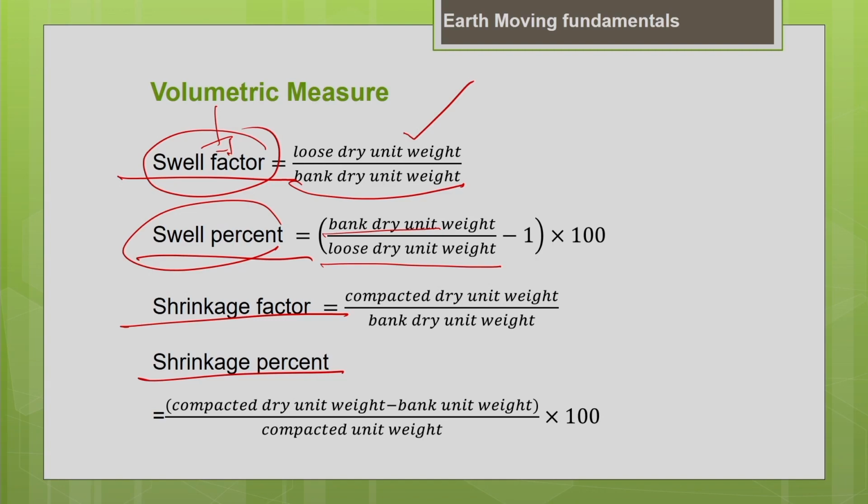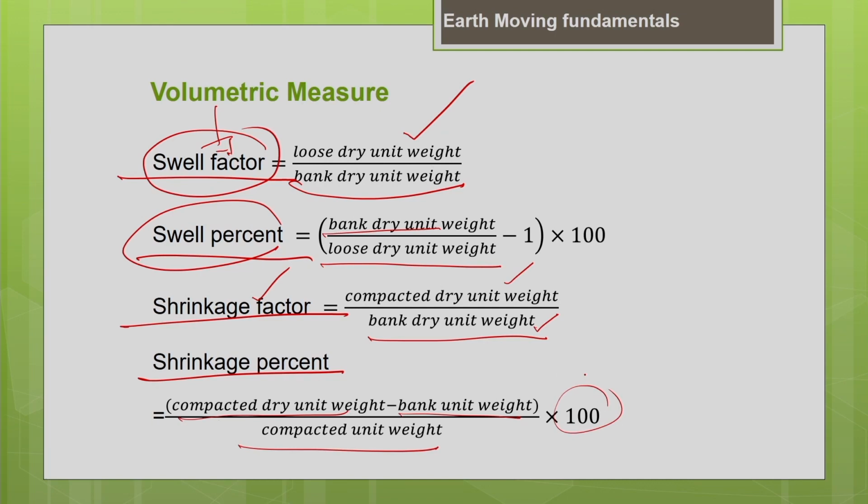Similarly, the shrinkage factor. From the bank dry unit weight, how much it has reduced in volume, that is what we are trying to find by measuring the shrinkage factor. Shrinkage factor is nothing but compacted dry unit weight divided by bank dry unit weight. You can also express it in percentage. It is compacted dry unit weight minus bank dry unit weight, divided by compacted unit weight, into 100.